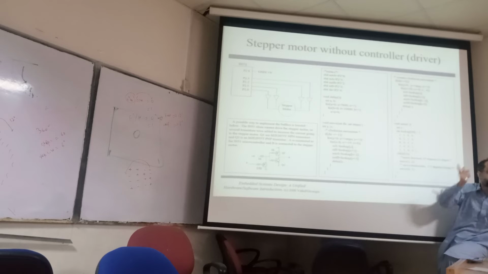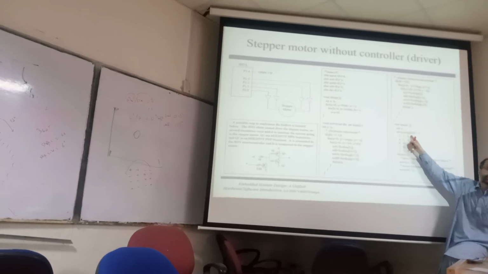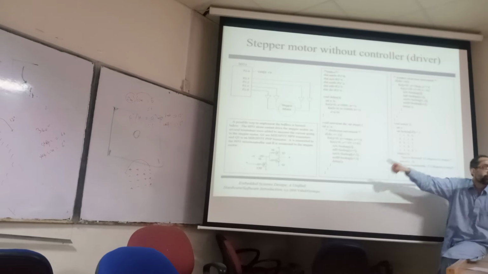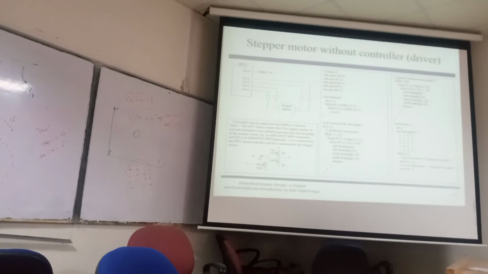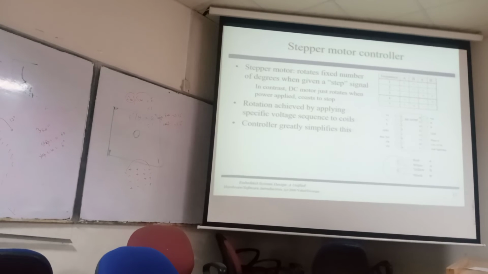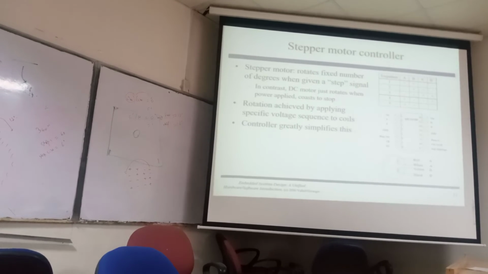Because if you look at the sequence of the steps, it is plus, plus, minus, minus, then minus, plus, plus, minus. If we code this in binary, this is 1, 1, 0, 0. The second sequence is 0, 1, 1, 0, then 0, 0, 1, 1, then 1, 0, 0, 1, and 1, 1, 0, 0. So these are different sequences.